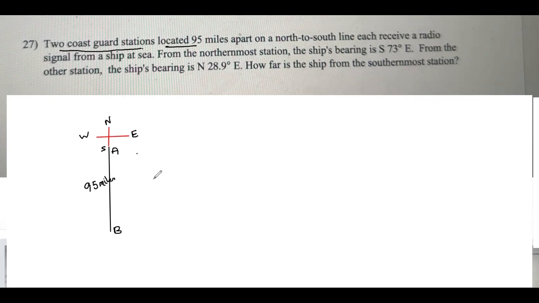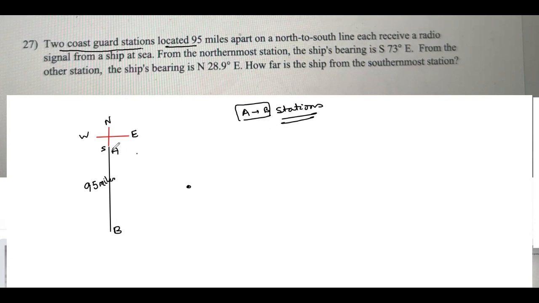And there is a ship at sea, and the Coast Guard stations receive the radio signal from the ship.